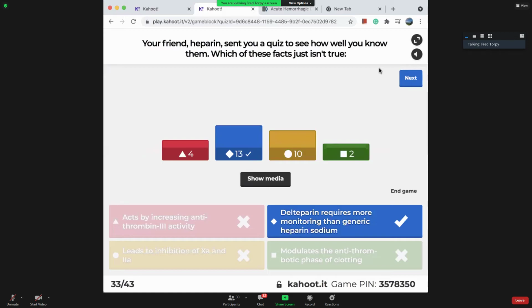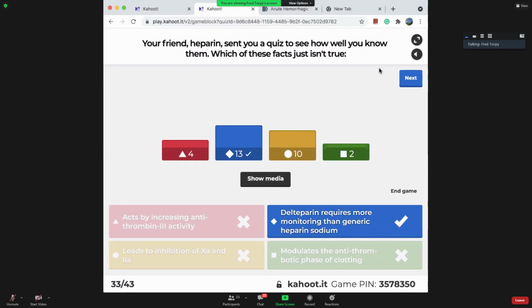Good job, you guys. So its initial mechanism of action is that it increases antithrombin 3 activity. So it's increasing an antithrombotic molecule for that phase, and it makes it way more active. And then antithrombin is going to be deactivating thrombin, and thrombin is involved with 2A and XA.